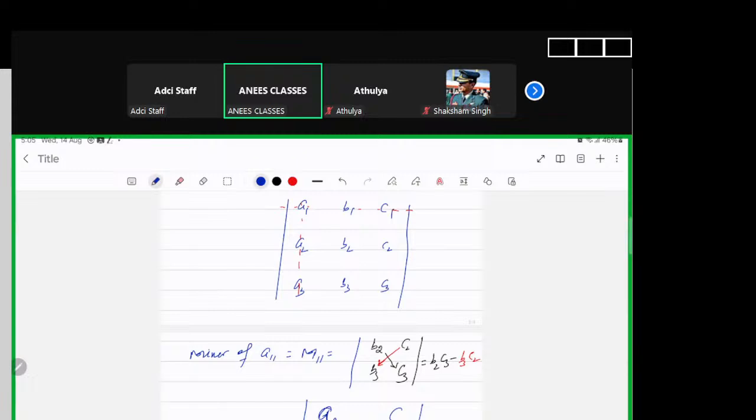Understood? Yes. So similarly you will find all the minors. Here you have 9 elements, so you have 9 minors. In 2 by 2 you have 4 elements, so you have 4 minors. Understood, everyone? Tell me. Yes, sir. Understood. Okay.